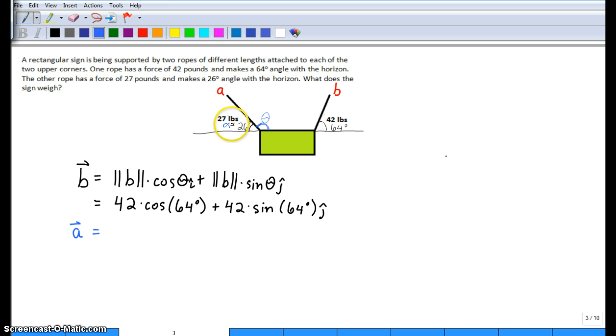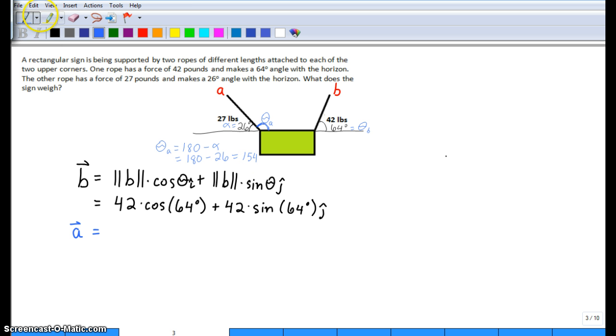If we call this 26 degrees alpha, then theta is going all the way 180 degrees minus alpha. This is theta A, and this is theta B. So theta of A is 180 minus alpha, or 180 minus 26, which is 154.